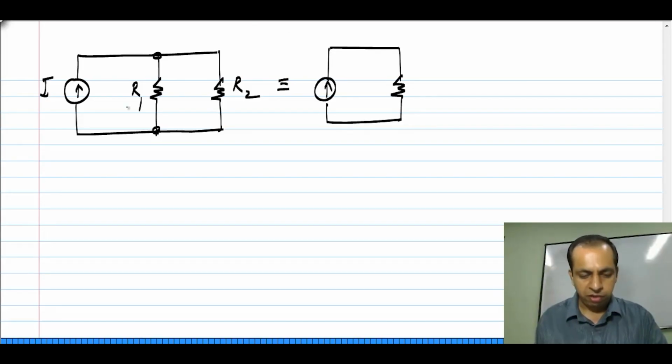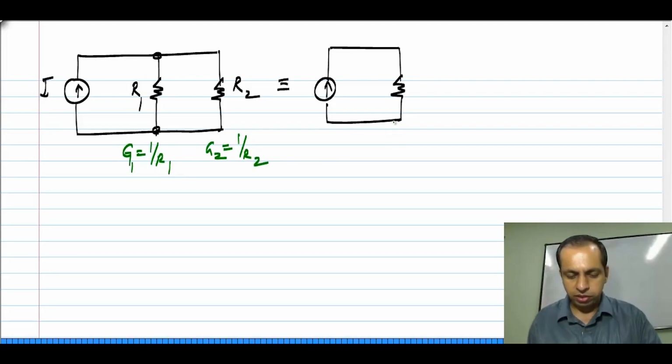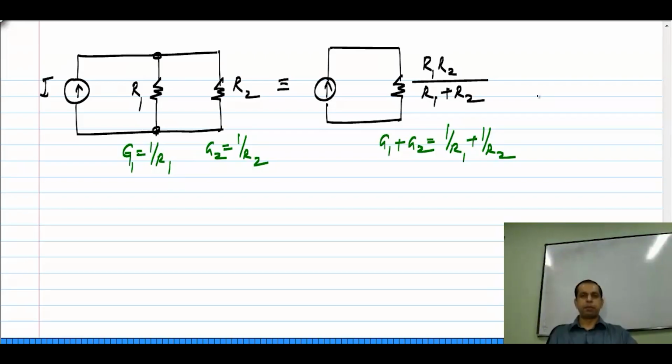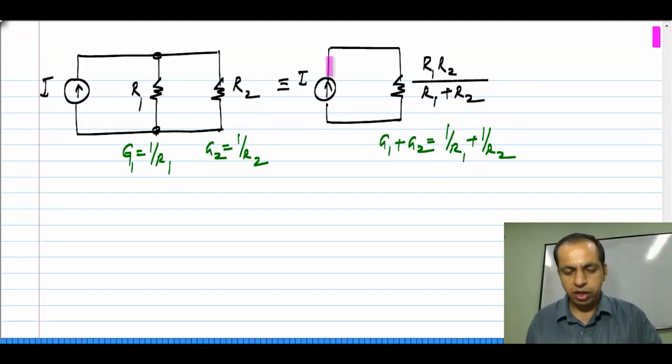Now, if we refer to each of these by their conductances G1, which is 1 by R1, and G2, which is 1 by R2, we know that the conductance of this combination is G1 plus G2, which is 1 by R1 plus 1 by R2. So, the resistance of the combination, we also know the formula, is R1 R2 by R1 plus R2.